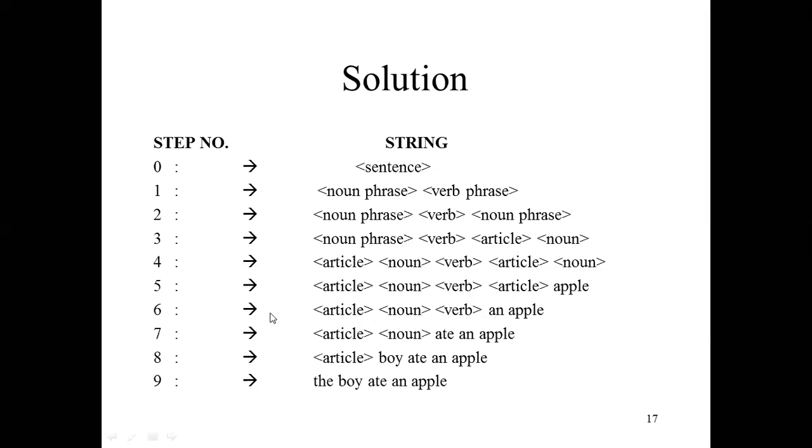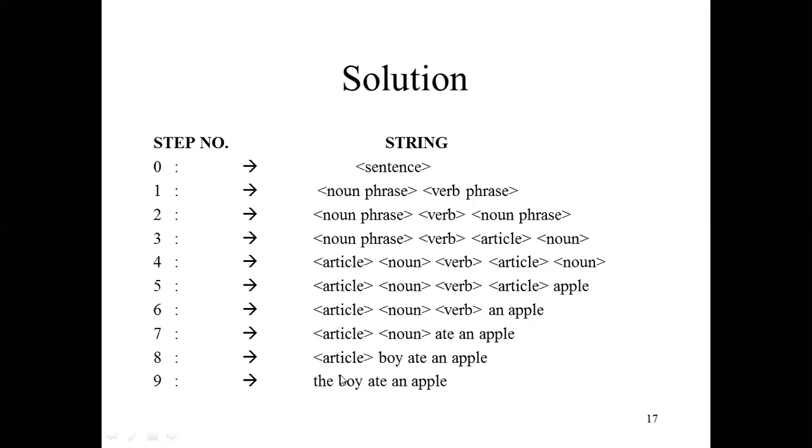Just you are processing only one step. In the next step, you are writing again article, noun, verb, at. It is also provided in the sentence. So at an apple. Again article, noun, boy.